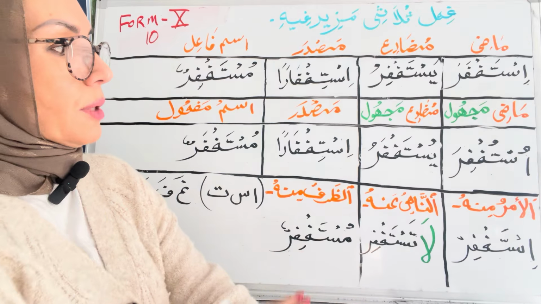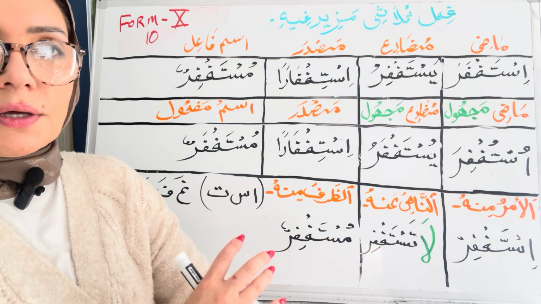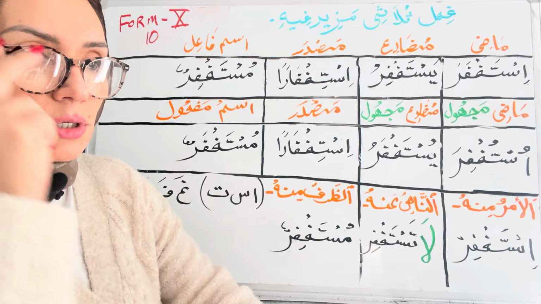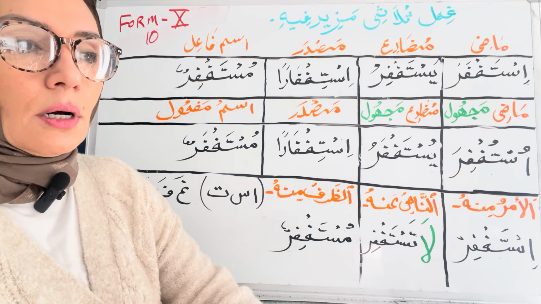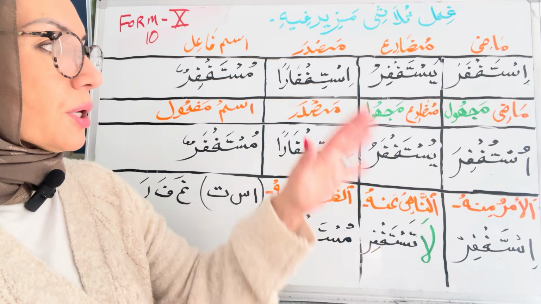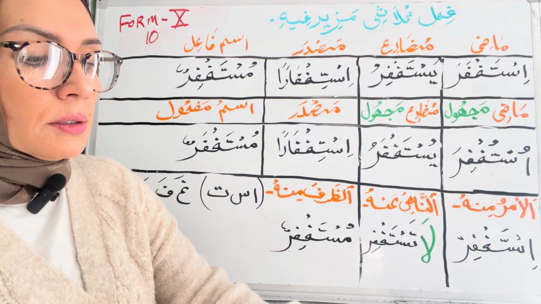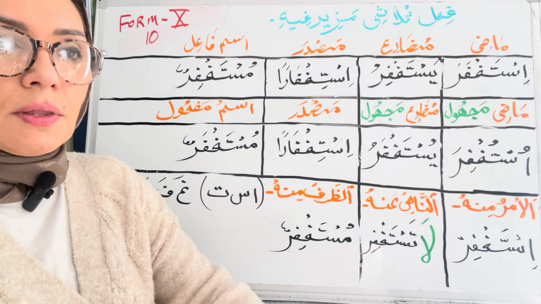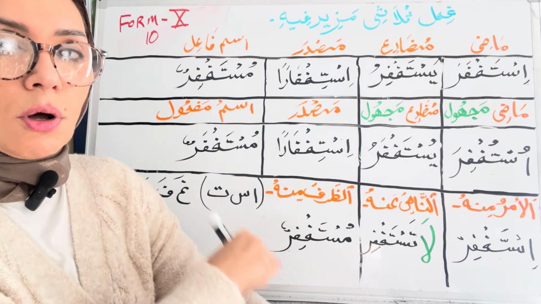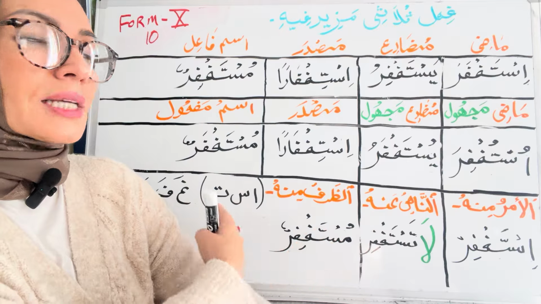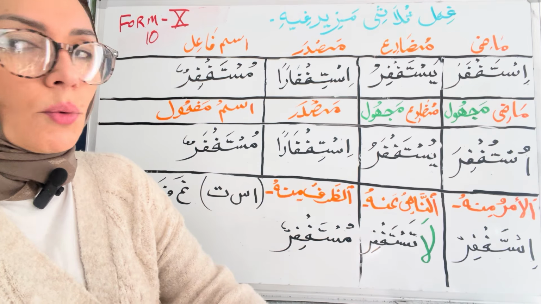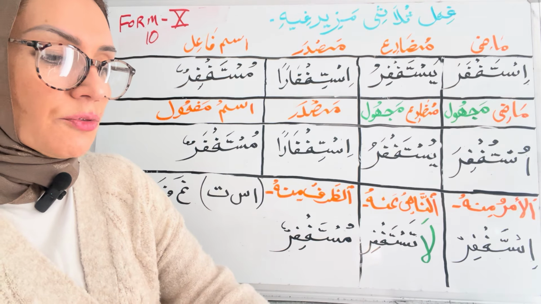My goal was to first explain the 10 forms that we have, what happens to each form, what the changes are, what's added to each verb and where it's added. Once we understand all of this, inshallah, we have our template from form 2 all the way to 10, except for form 9. You don't really need that as much, so we don't need to focus on number 9.